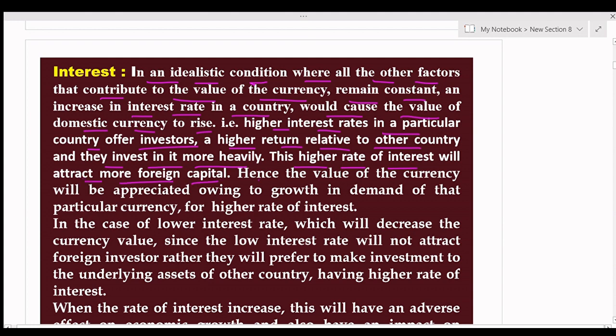Hence, the value of the currency will appreciate owing to growth in demand for that particular currency.